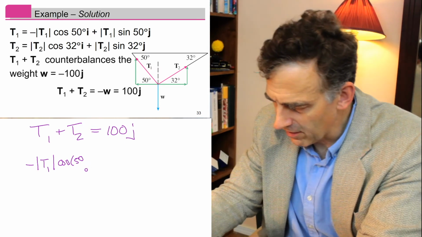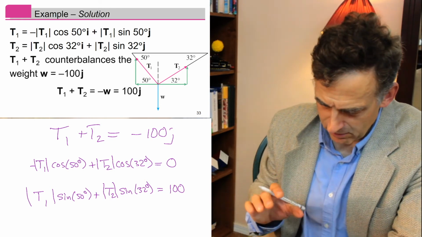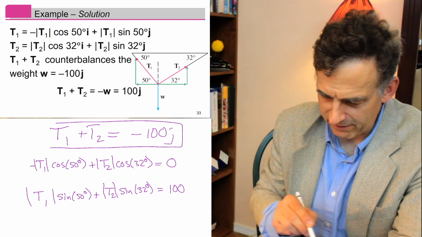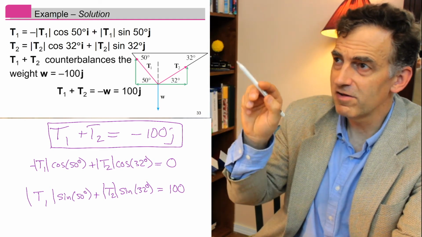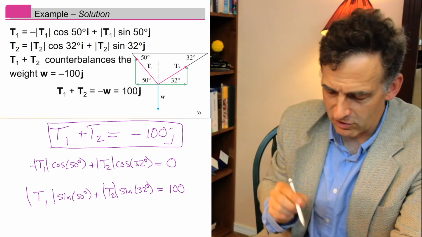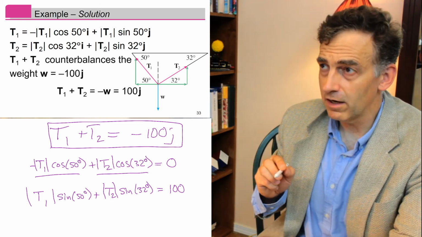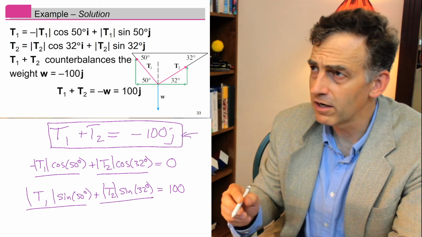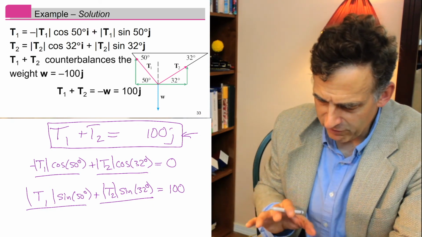Looking up here, at the very top, the i component of T1 and the i component of T2 are this and this, and those equal 0. Then the j components are this and this, and that should equal the j component here. I don't know why I have a negative there, I'll just get rid of it. So we have those two equations.